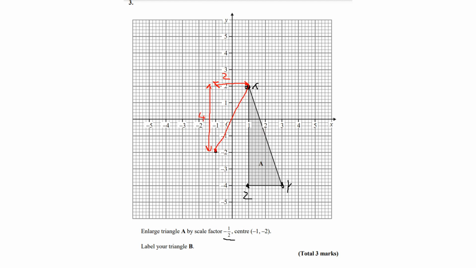And now from here, we need to times that both by a half. So it needs to go 1 across and 2 down. Okay? So this would be X prime.